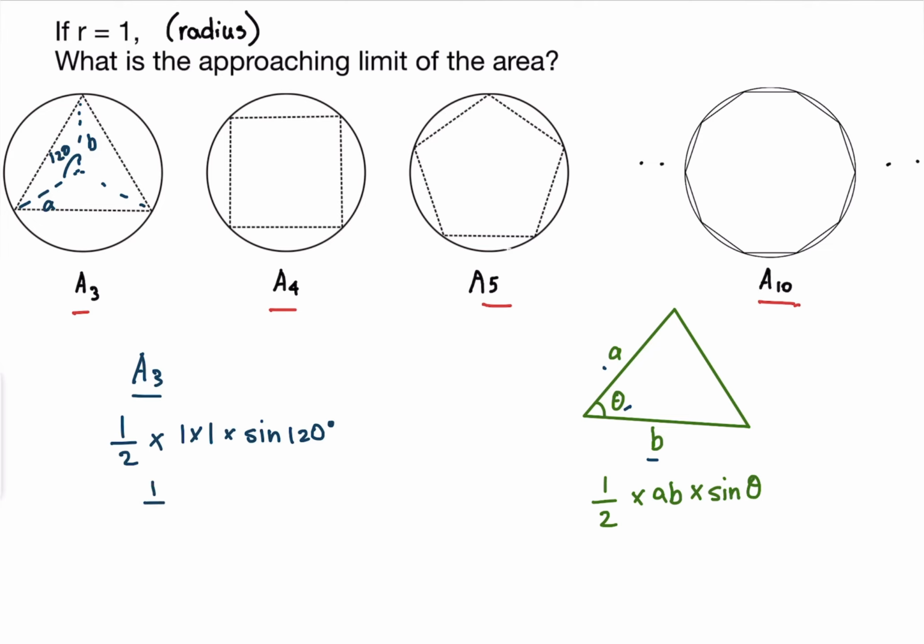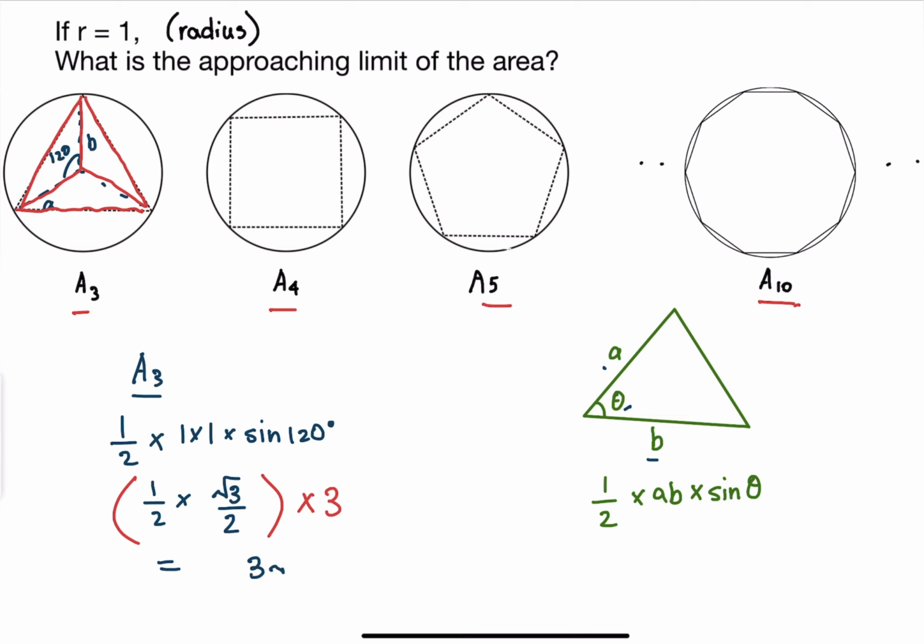So 1 by 2 times sine 120 is root 3 by 2. But if you notice, there are 3 of these same triangles, one here and then one right here. So we'll multiply this by 3, which gives us 3 root 3 over 4. We could keep it that way, and I'm just going to keep it in this way.